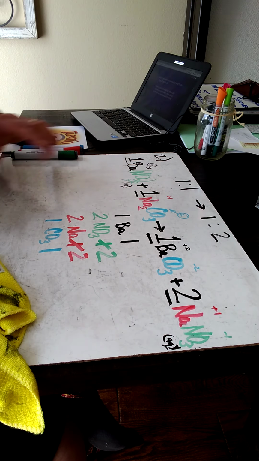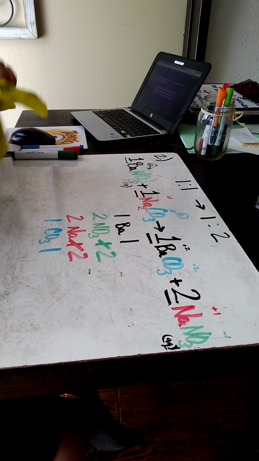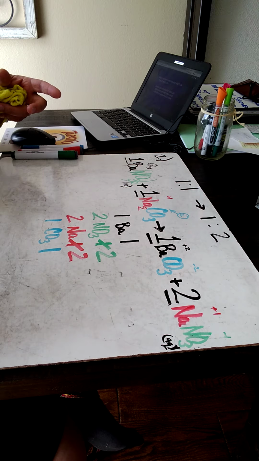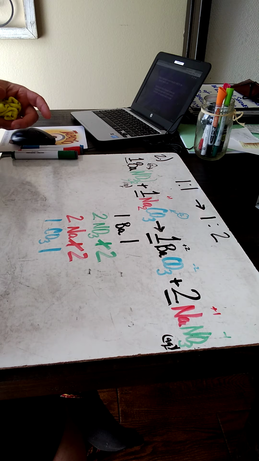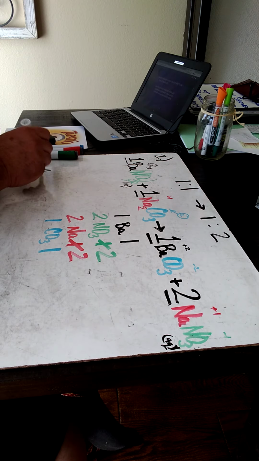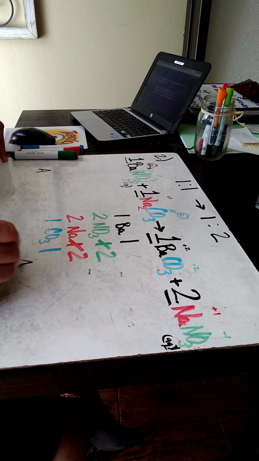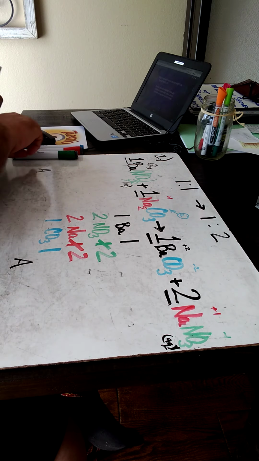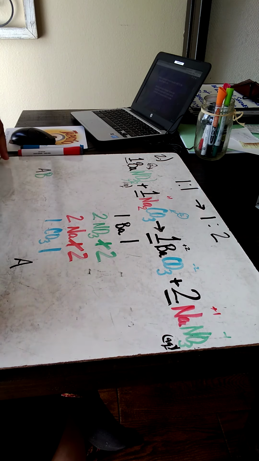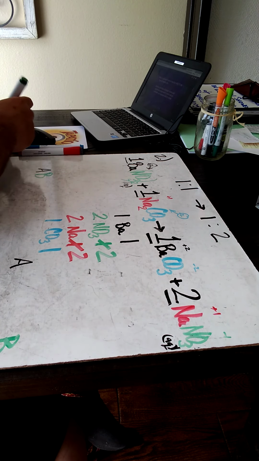Now, let's go ahead and figure out the second part of the question, and it asks what type of reaction is this. So we're going to say that barium is A, and we have barium as A. We have nitrate as B, and over here in the product side, it's way over there.